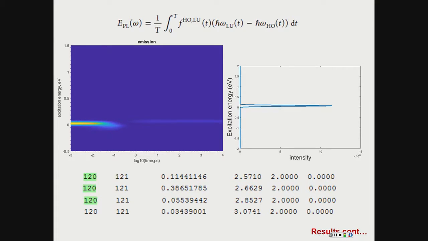When you show the greenish figure, I think your lowest excitation was 2 point something, so the lowest optical emission should be at around 2.3 electron volts. Here you're showing ranges from minus 0.5 to 1.5 on the left, and in the right panel from minus 2 to plus 2.